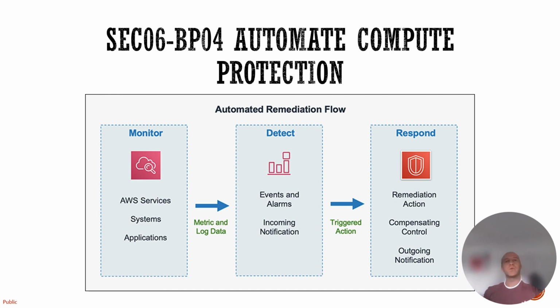So we can automatically, for example, if we detect specific vulnerabilities or specific misconfigurations in our network flow, in our firewall rules, we can automatically create remediation tasks, how we remove or adjust specific rules, how we block specific IP addresses that relate to firewalls and security groups. So there's a lot of work that can be done to automate compute protection.